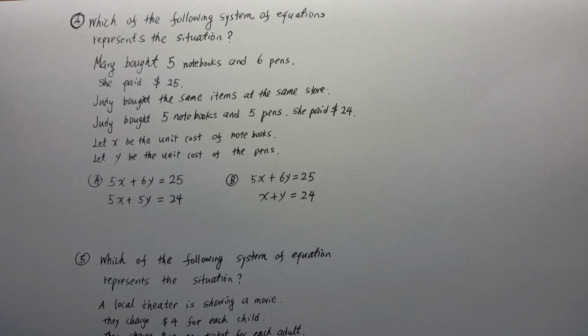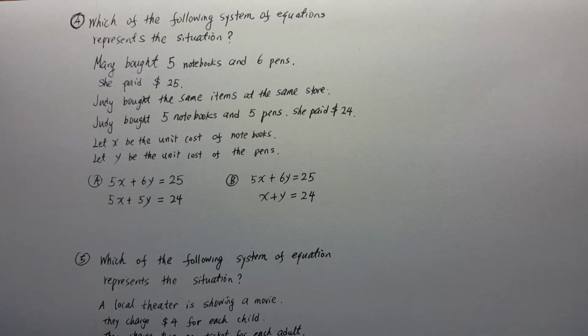Number 4, which of the following systems of equations represents the situation? Mary bought 5 notebooks and 6 pens. She paid $25. Judy bought the same items at the same store. Judy bought 5 notebooks and 5 pens. She paid $24. Let X be the unit cost of a notebook, and Y be the unit cost of the pens.